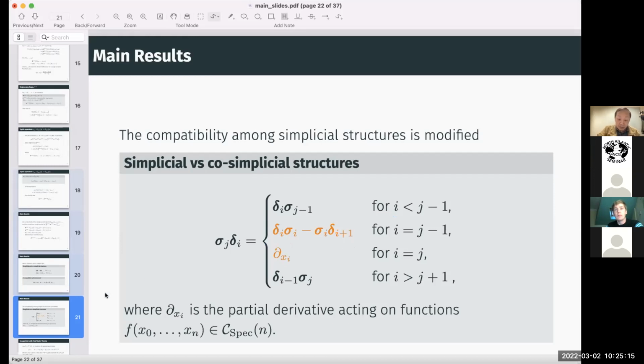Sorry, one more question. Could you restrict your symbols to divided differences, which permute all arguments? You want me to go back to a previous slide? Not necessarily.